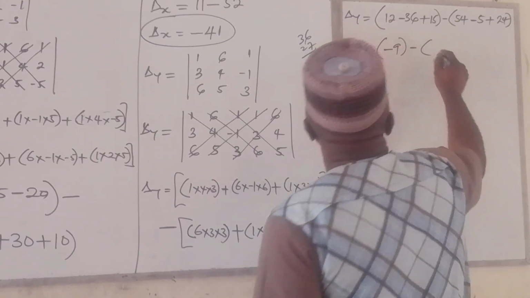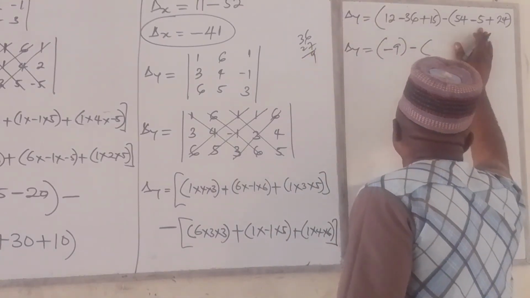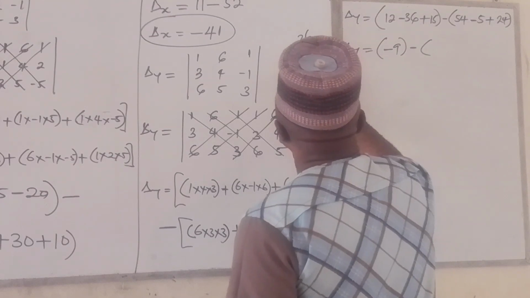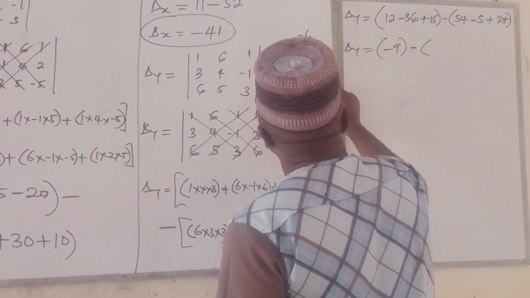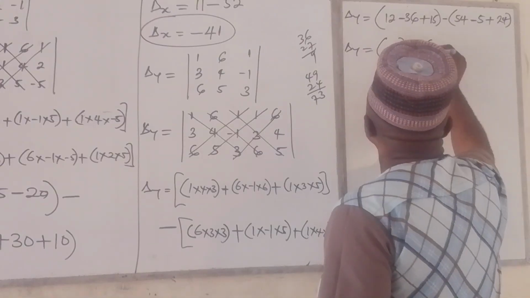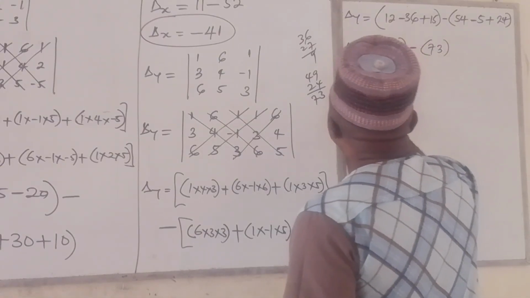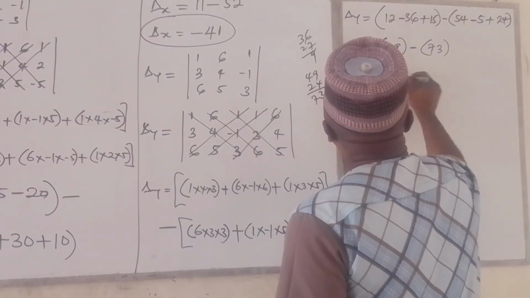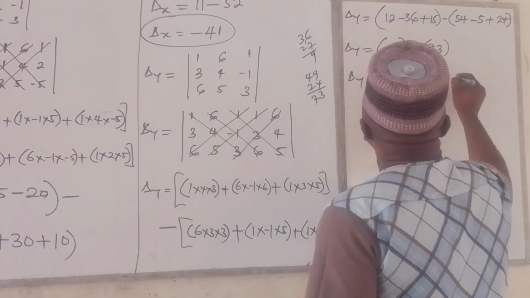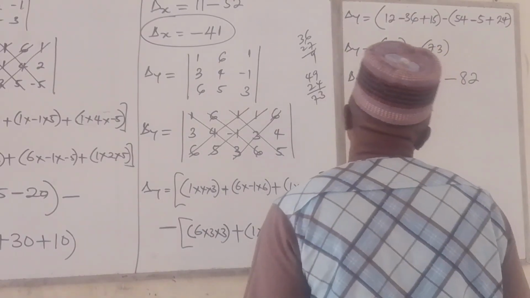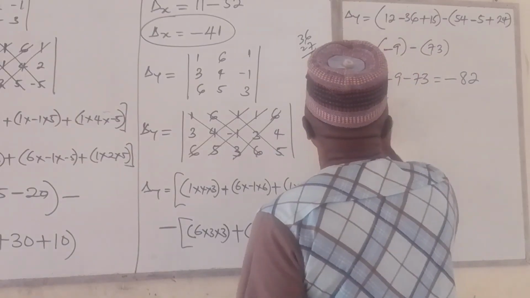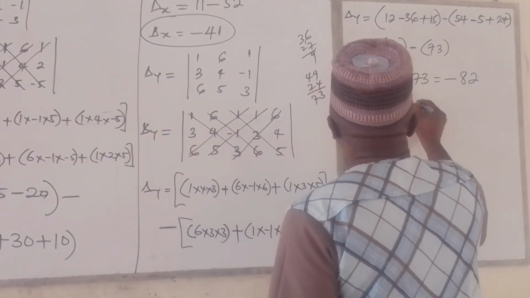Then we have minus 54 minus 5, that's minus 59, and minus 59 plus 24 gives minus 35. So the determinant of y will be equal to minus 9 minus 73, which is minus 82. So the determinant of y is equal to minus 82.